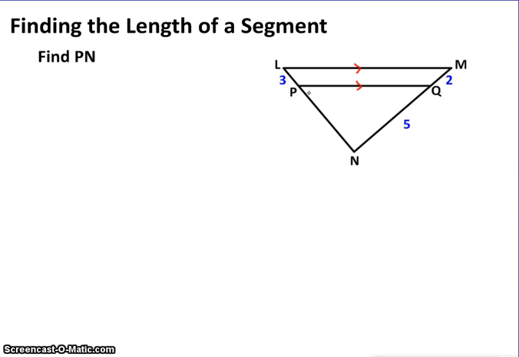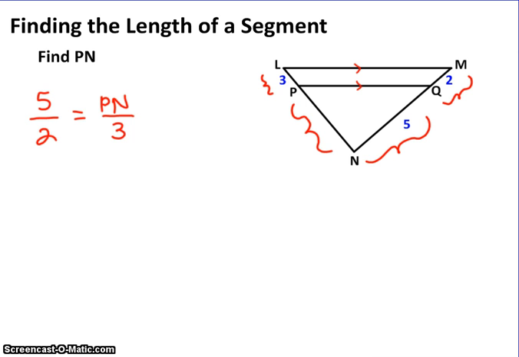Alright, let's do another example. PQ is parallel to one of the sides, LM. So the triangle proportionality theorem says that this piece divided by this piece must be equal to this piece divided by this piece. So we have 5 over 2 is equal to our unknown PN over LP, which is 3.